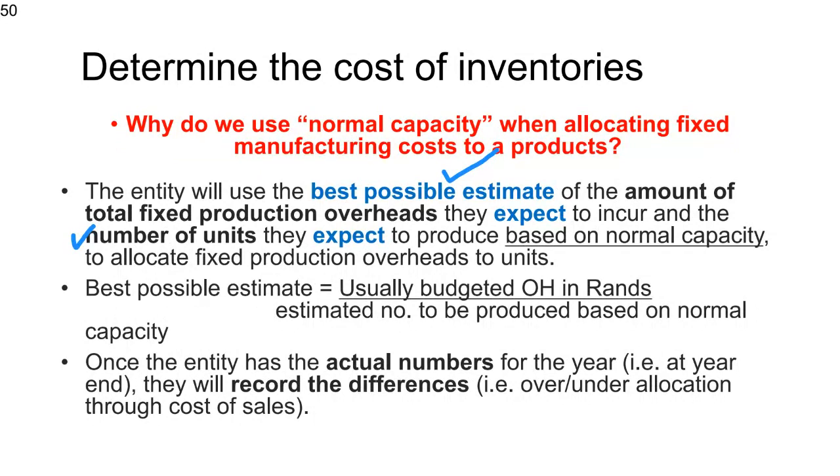I take the overheads, which we just said is easy, so the overheads will be a rand amount, and I divide it by the number of estimated goods that I plan to produce for the year. The result of this calculation is what we call an application rate or an allocation rate. It's the rate or the cost of fixed overheads that we can allocate to individual units.